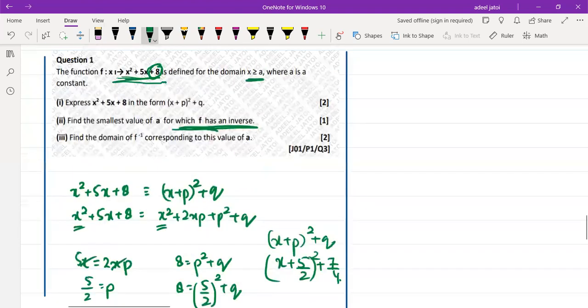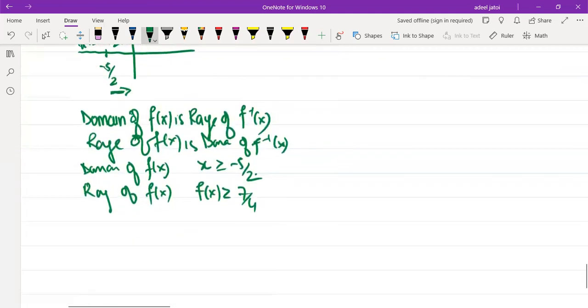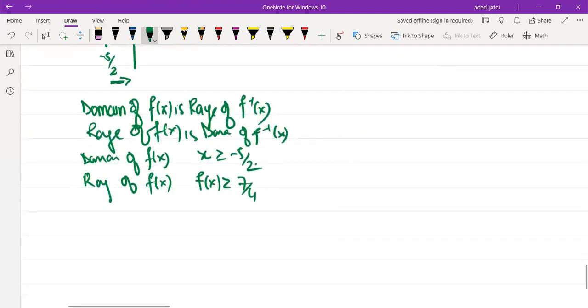The question clearly asks the domain of f inverse of x corresponding to the value of a. The domain of f inverse of x is basically the range of f(x).